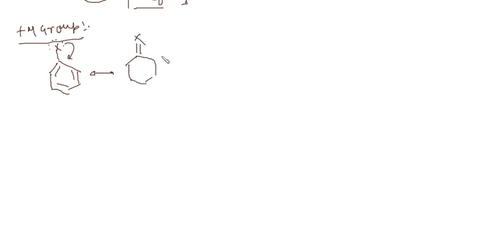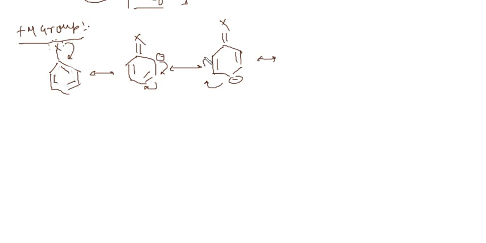Let's take some more examples. If we talk about a plus M group, take the example of a halogen X. If it donates its electron, it becomes X+ and the negative charge appears on the carbon.